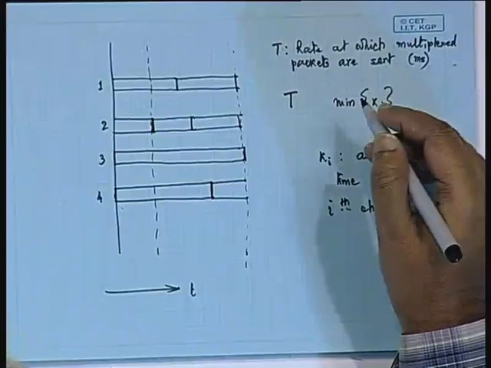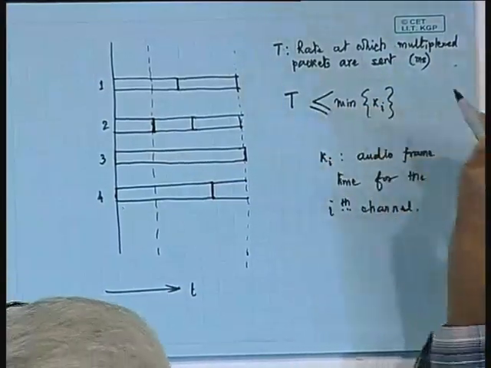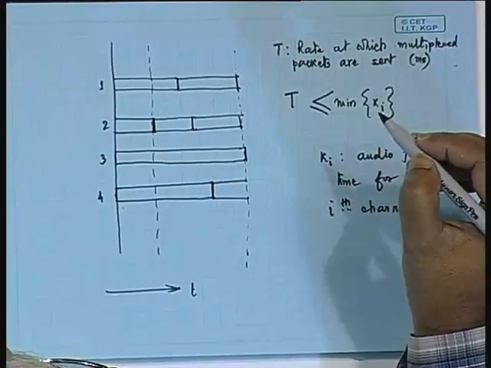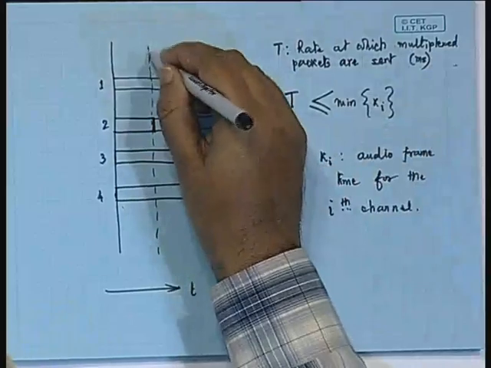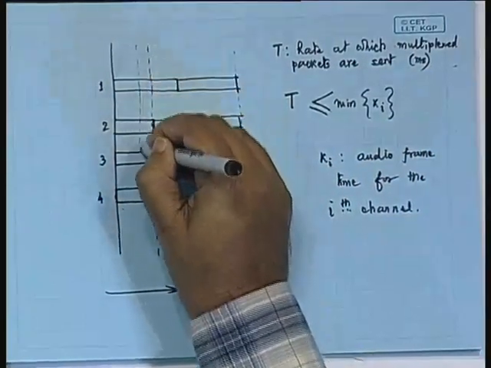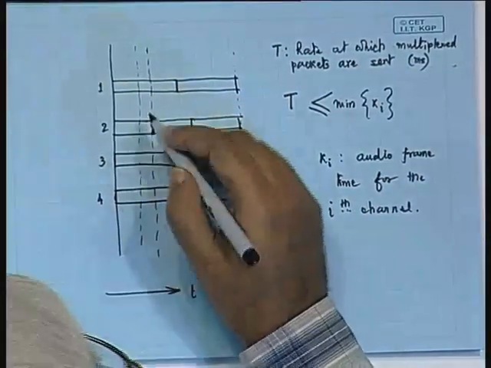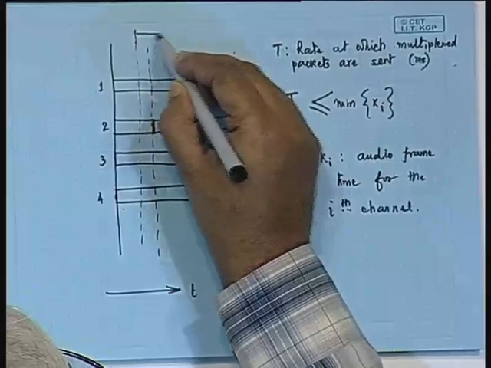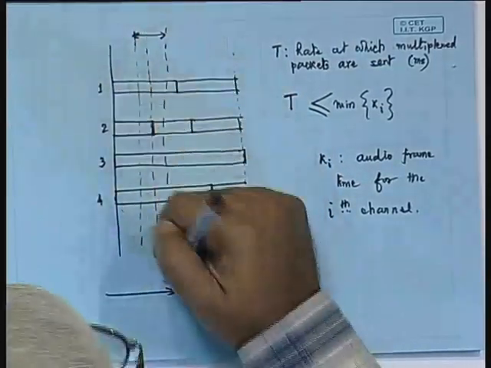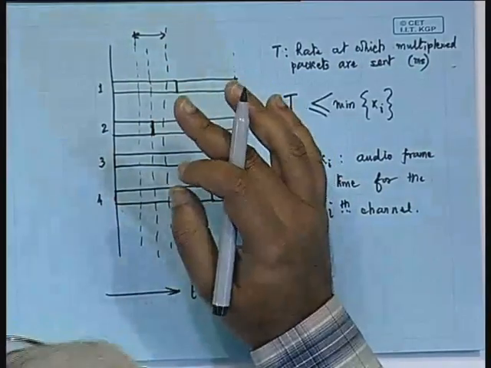In that case, what we should achieve is that t should be less than or equal to the minimum of Ki. Alternatively, we could have accumulated the packet here itself, because even here, if we take t to be only this much, we are not waiting for one audio frame to be completed for every channel.